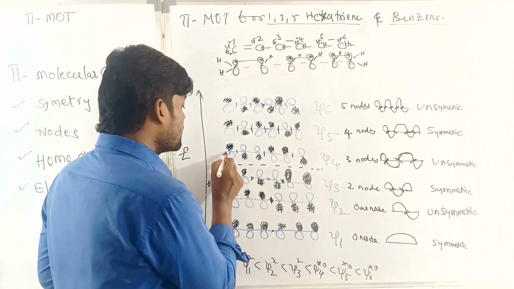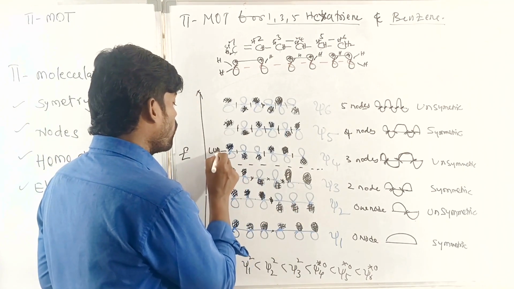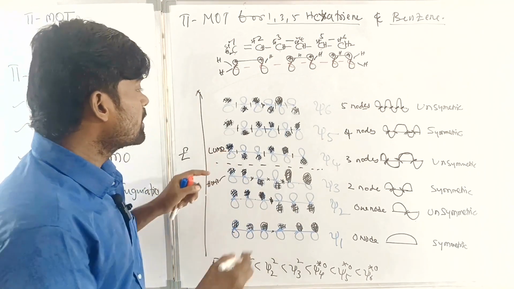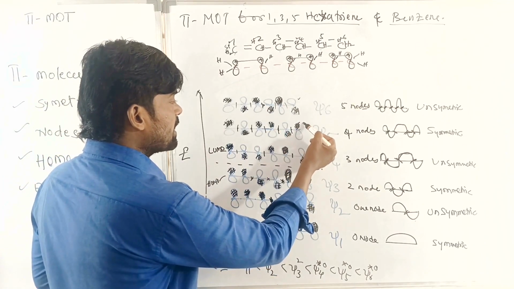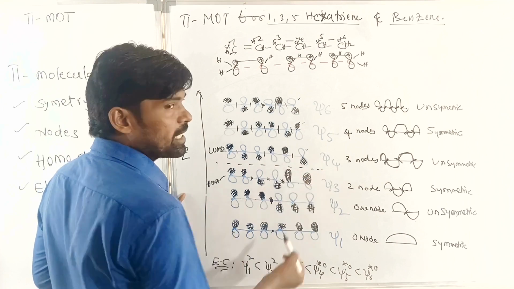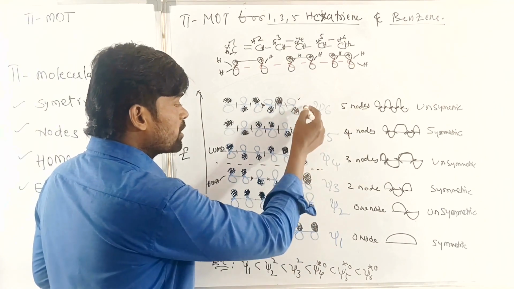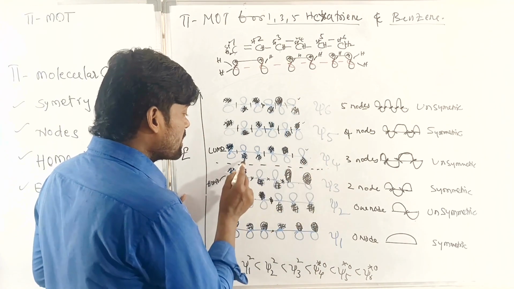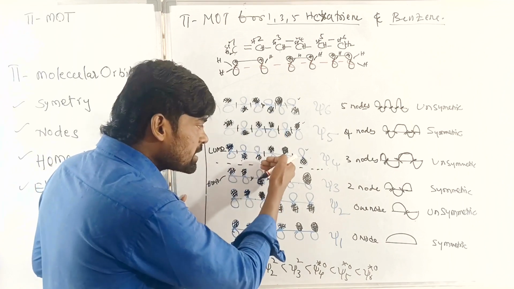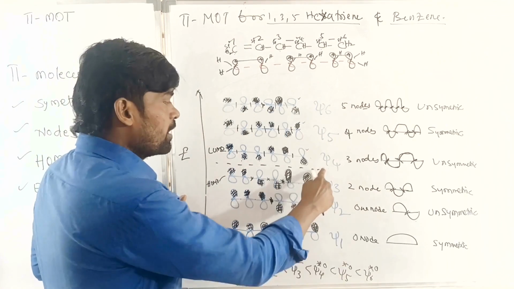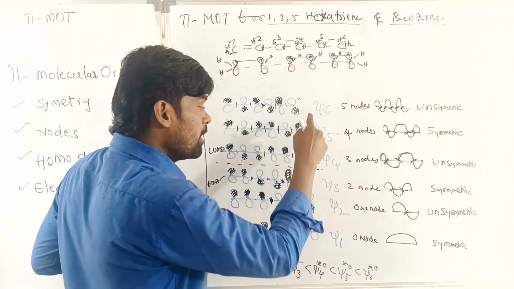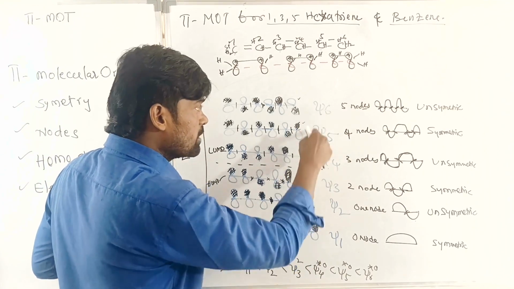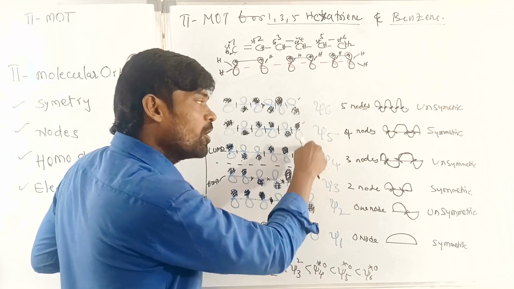Next one, this one is LUMO. This is the highest energy, this is the next highest energy, this is the next highest energy. But among these 3, psi 4 is the lowest energy with no electrons. Psi 4 has no electrons, psi 5 also none, psi 6 also none, but compared to these 3, psi 4 is the lowest energy.